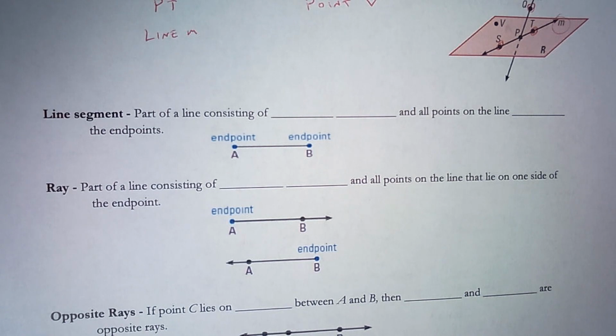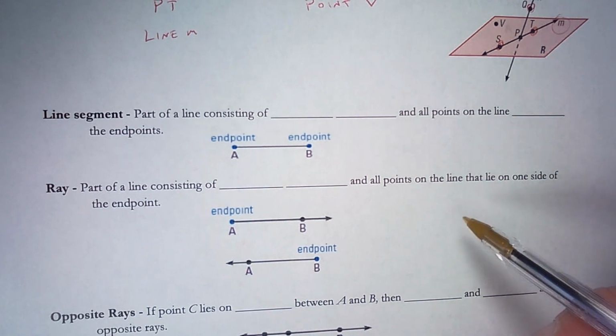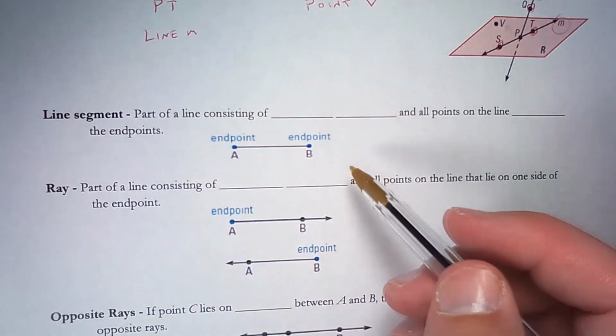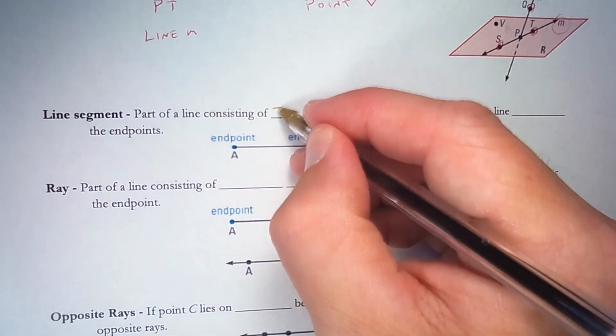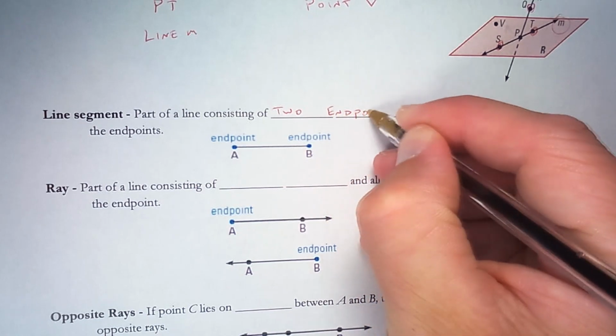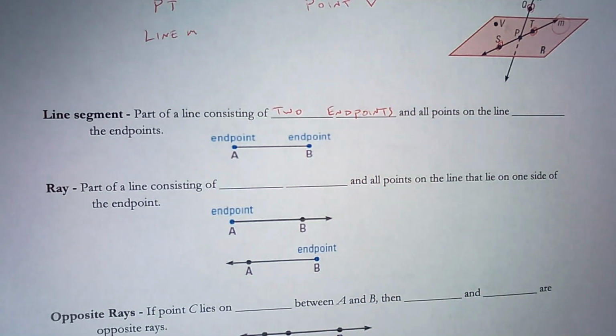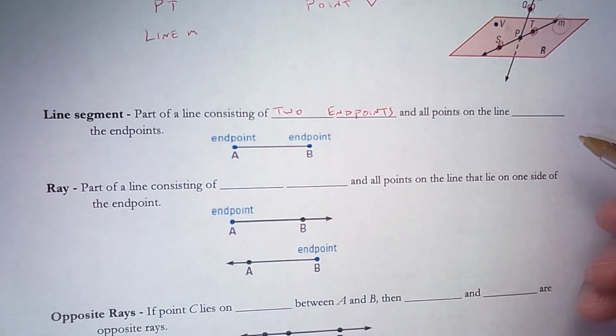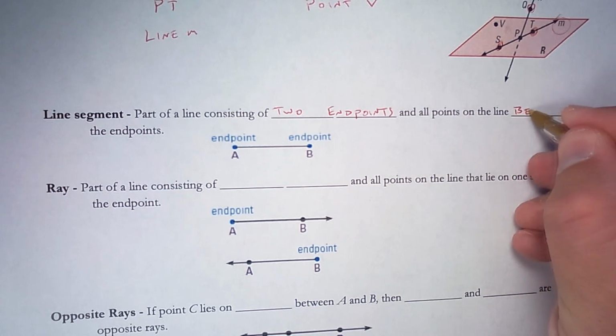A line segment. We actually kind of talked about this earlier when I talked about not putting arrows on a line. That makes it not a line. So a line segment is a part of a line consisting of 2 endpoints, which means it's not going to have arrows. It also contains all the points on the line between the 2 endpoints.